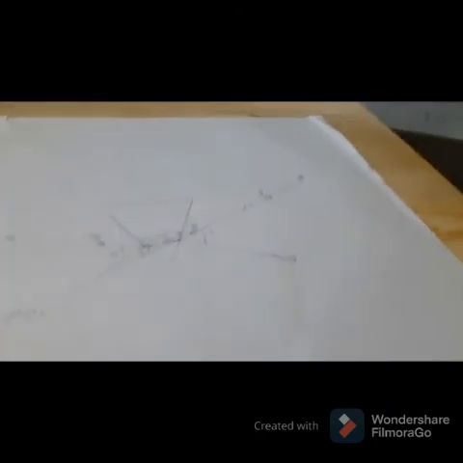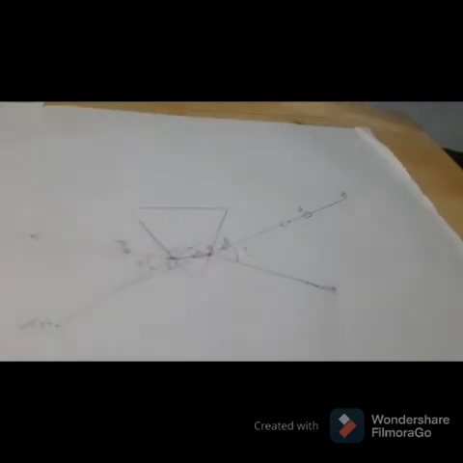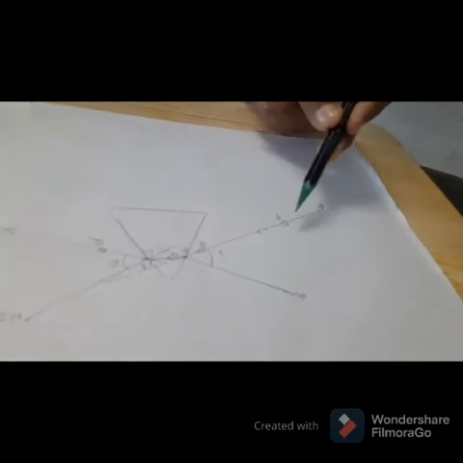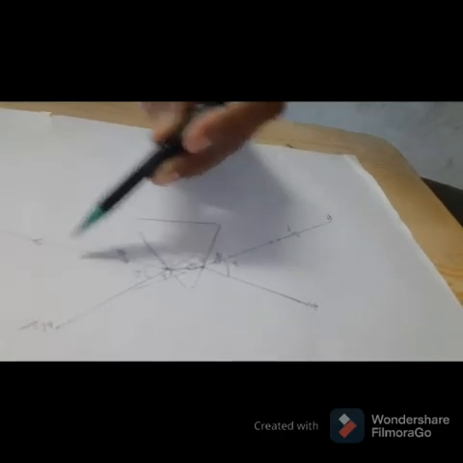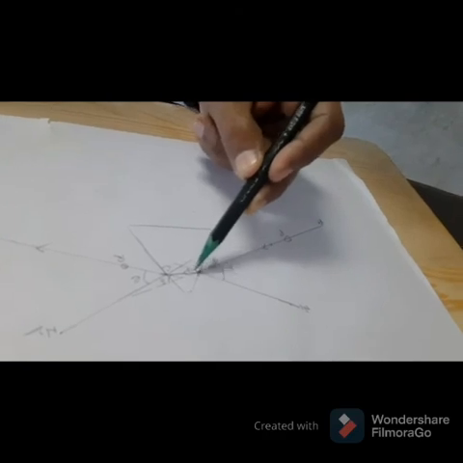So in this figure, this is the angle of incidence i, the angle between the incident ray and the normal, and this is the emergent ray and normal, called the angle of emergence, and this is the refracted ray BC.